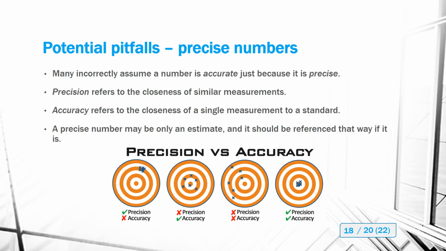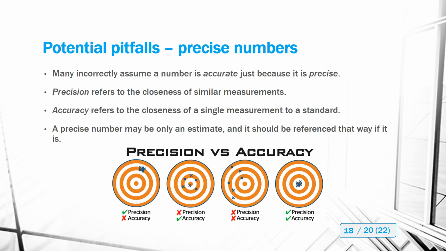So if you look at the target on the far left, you can see that all of the shots are really close together on the target. That is precision. Okay. However, they're also very far removed from the center. Okay. Therefore, they're not accurate. Accuracy refers to how close measurements are to a given standard. In the case of a shooting target, you're looking at the center of the target.